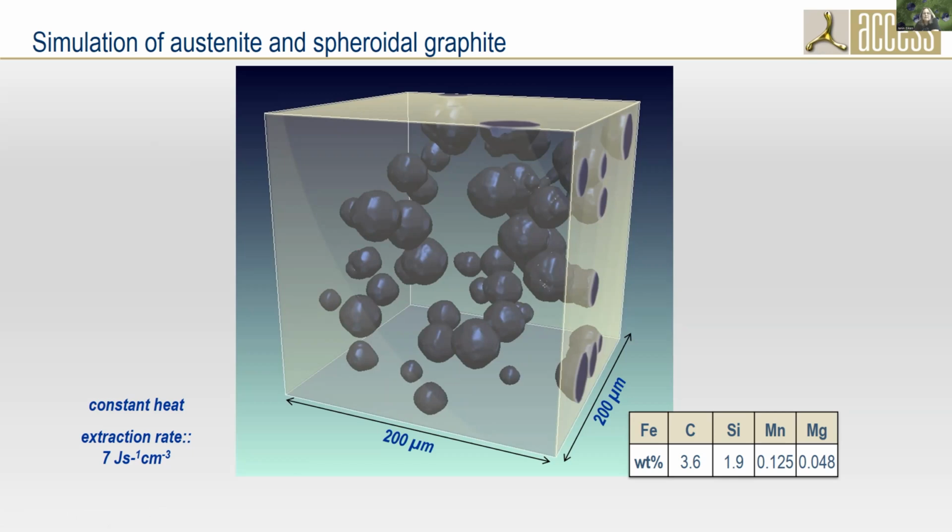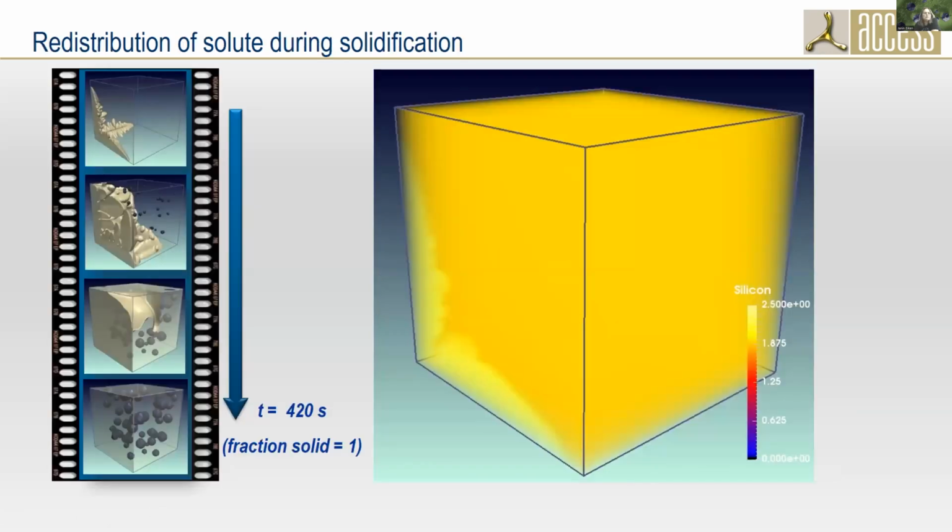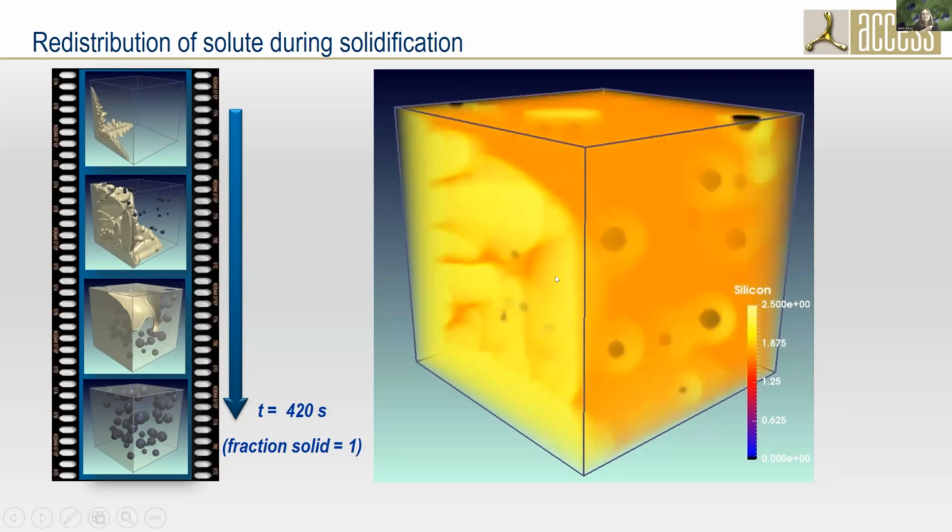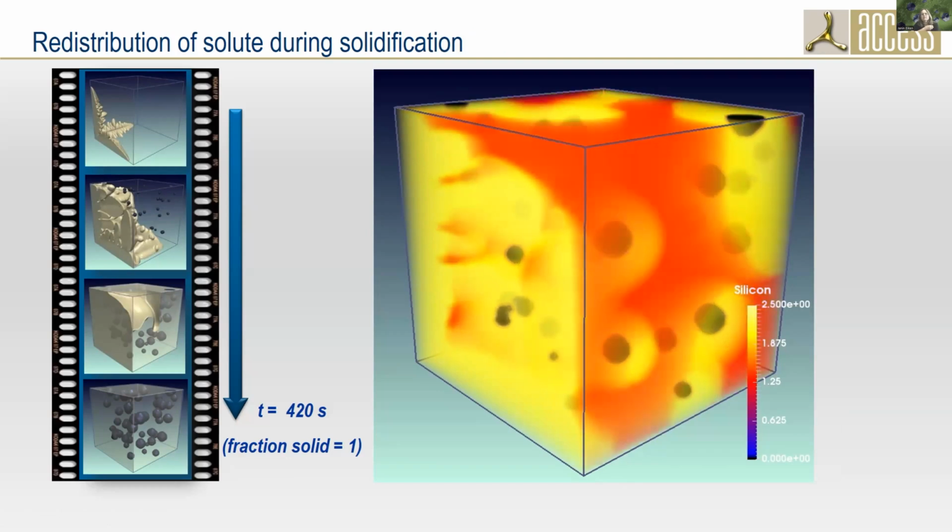Now, what should be noted is that we not only have the structure and the phase morphology, but during the whole simulation, we also simulate the redistribution of the solute elements. Here you see the redistribution of the silicon during the growth.